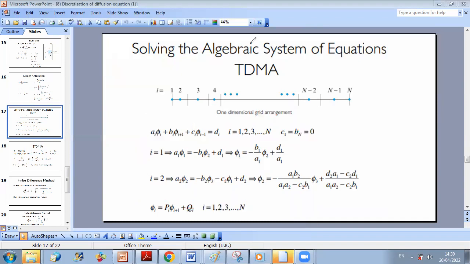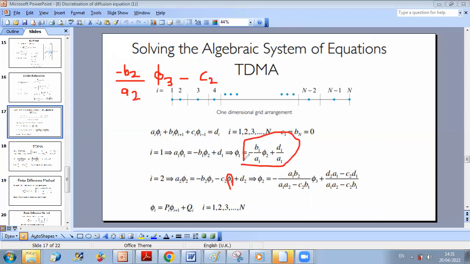Let me clear everything here. Okay, so it's minus B2 over A2 phi 3, minus C2 times, instead of phi 1, I will write this.